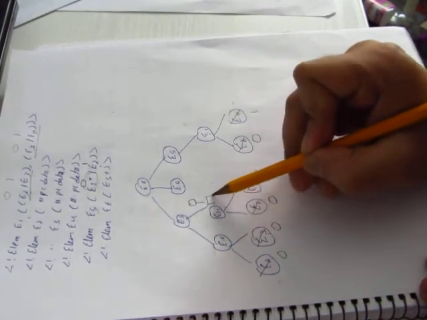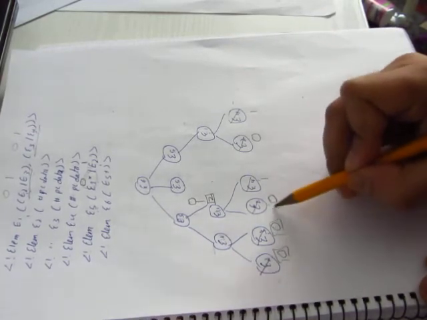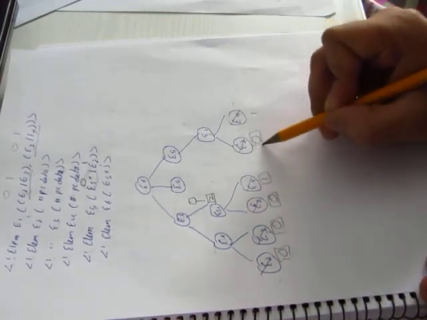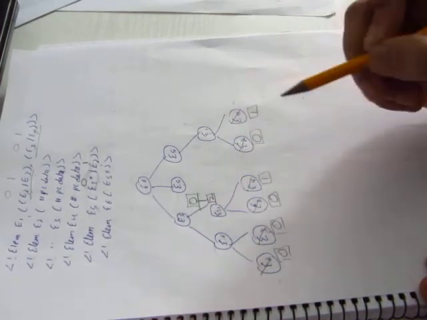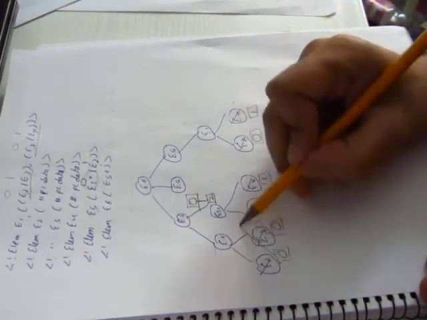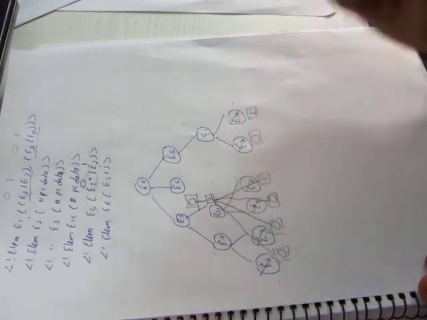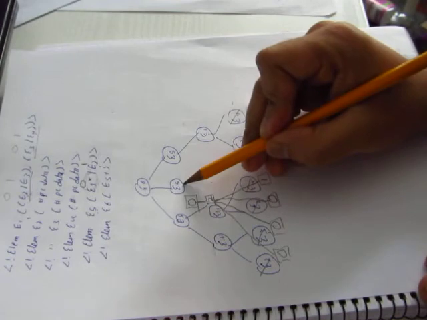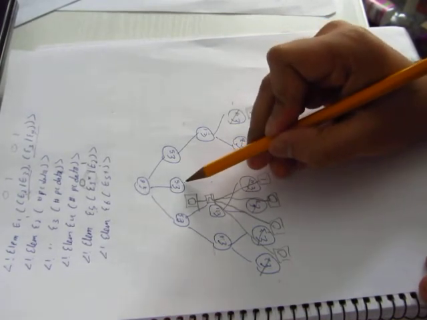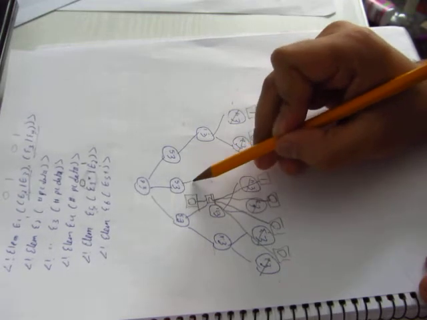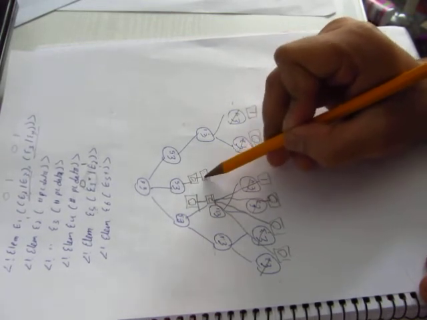There are 2 E1s. Let's close these things. So we say there are 2 E1s, and we join these things to these 2. This E5 doesn't have anything, so we just write 0. We choose 0, and we don't have anything.